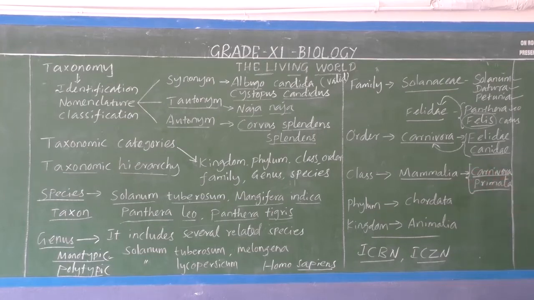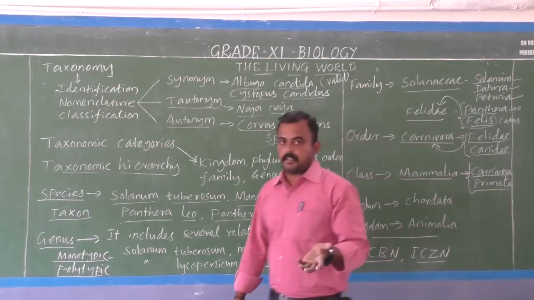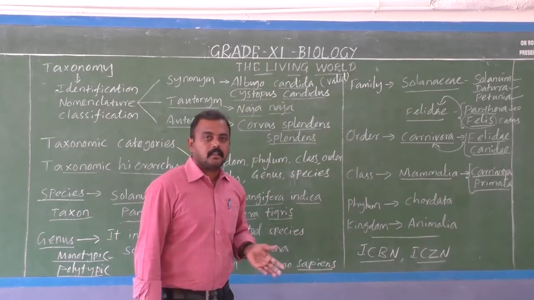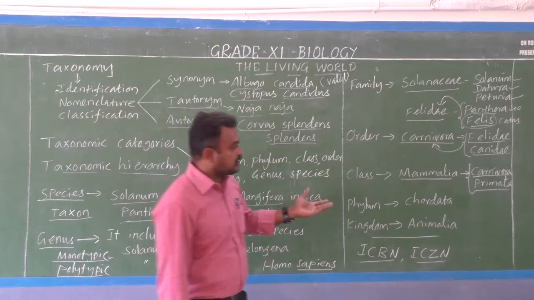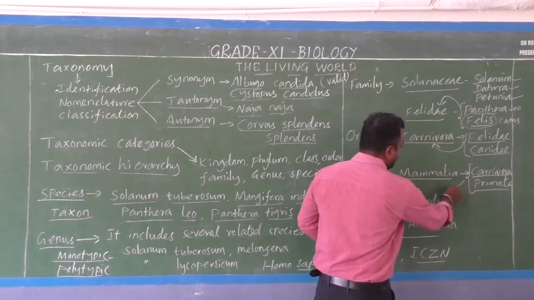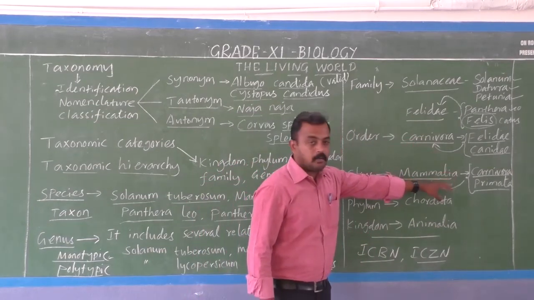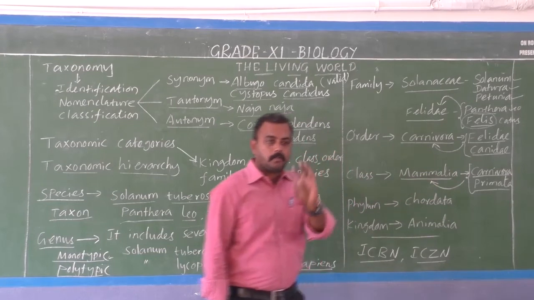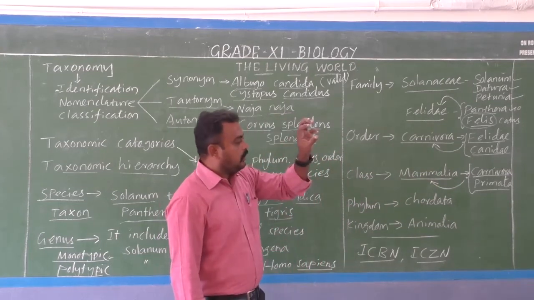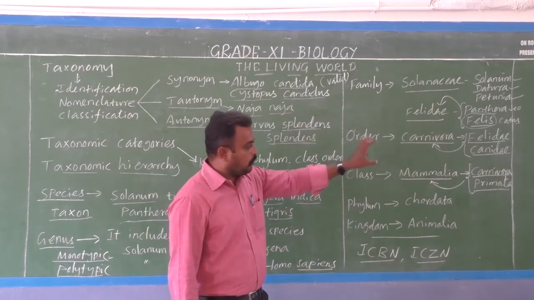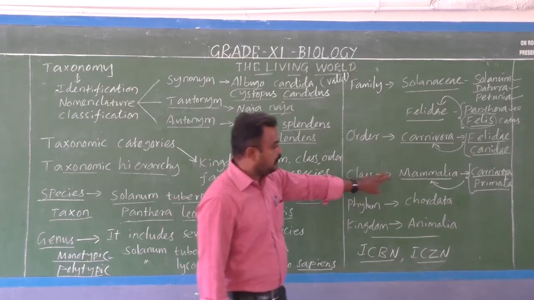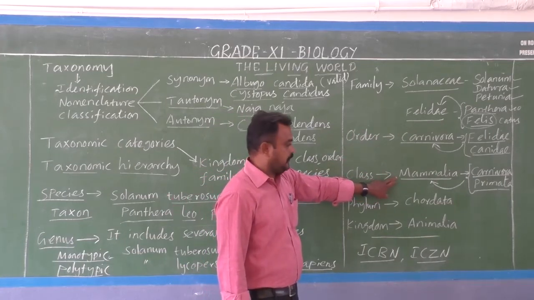Here we have common characters for Carnivora and Primata. That is, they have mammary glands, they give birth, and have external ears. So that's why they come under Mammalia. So the Carnivora and Primata which have some common character, we placed both in Mammalia.